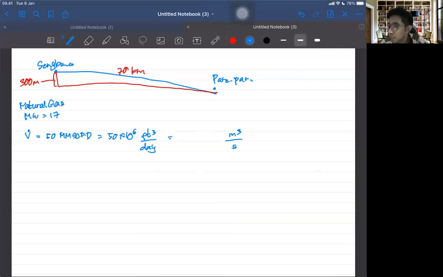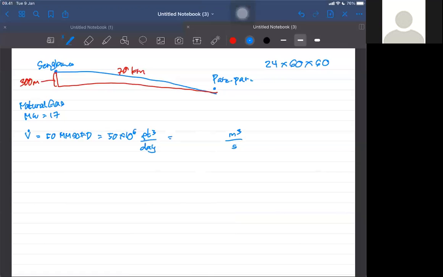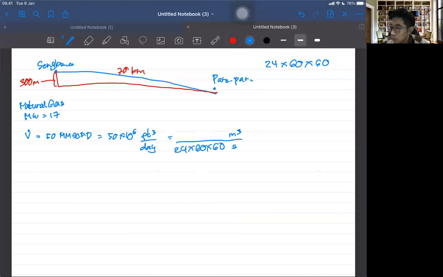Okay, so just divide it by day, meaning 24 hours times 60 minutes times 60 seconds. That's the conversion from day into second. And this one you convert into cubic meters. Has anyone calculated?